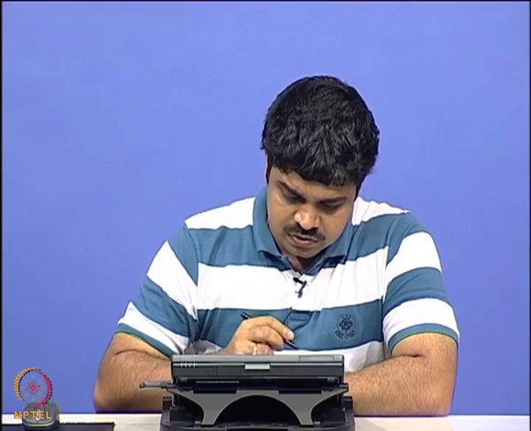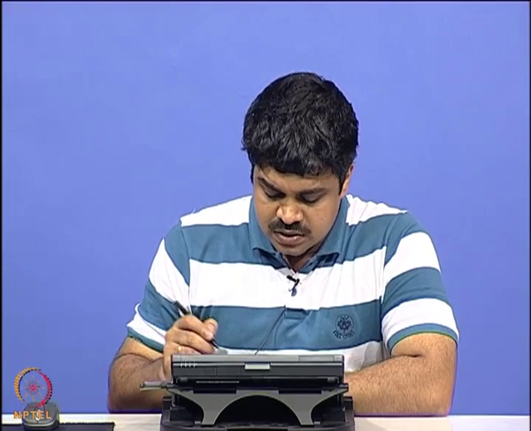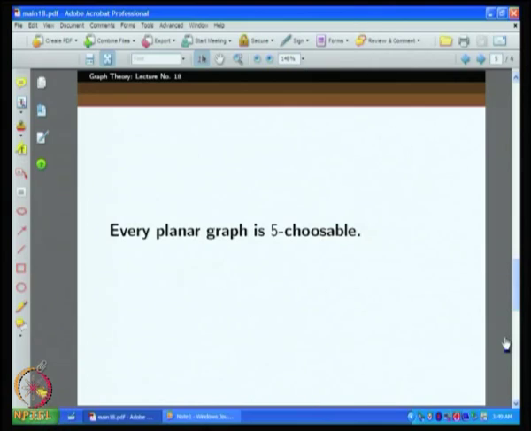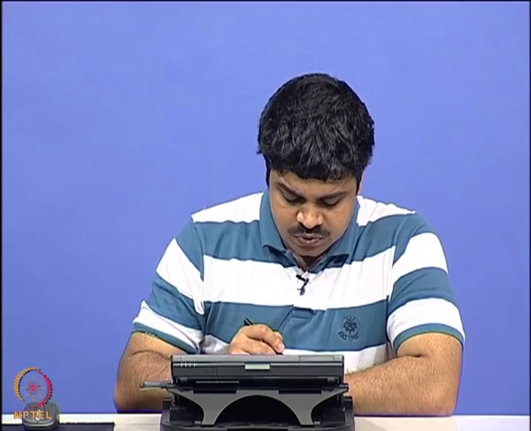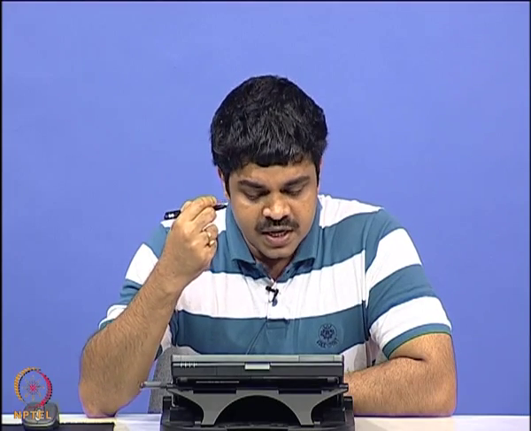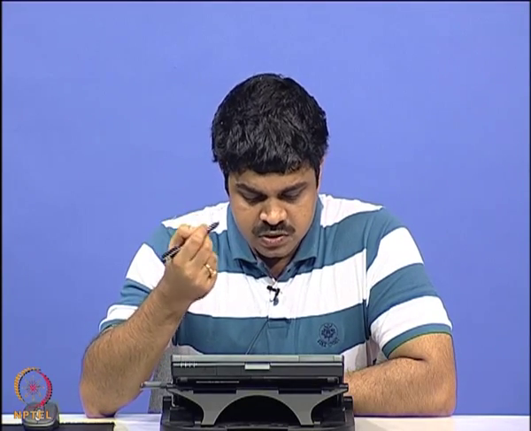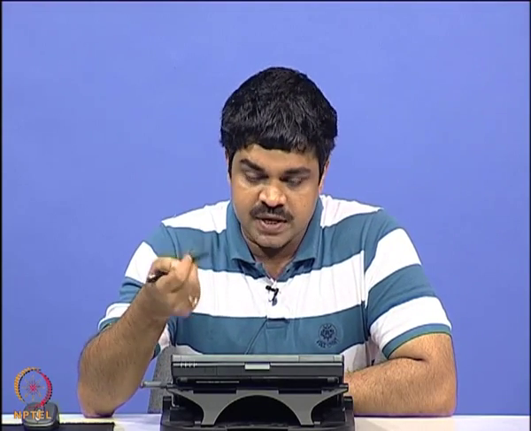This is our next theorem, also a result from Thomassen. We will show that every planar graph is 5 choosable. The key point here is that this is an induction proof, but rather than doing the induction directly on this statement, that is, considering a smaller planar graph, assuming that it is 5 choosable, and then extending the 5 list coloring to a bigger planar graph, that is not the strategy.